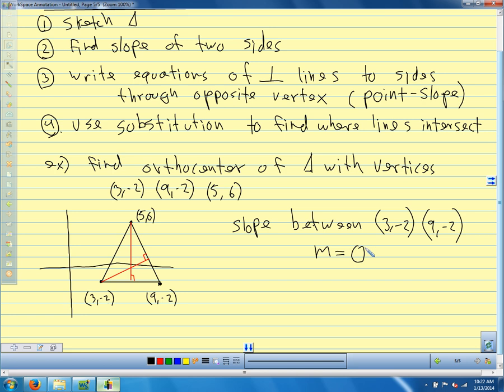That's a horizontal line. The perpendicular line is going to be vertical. And we want it to go through the point (5, 6).